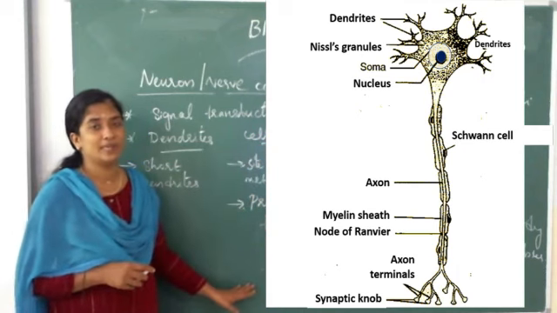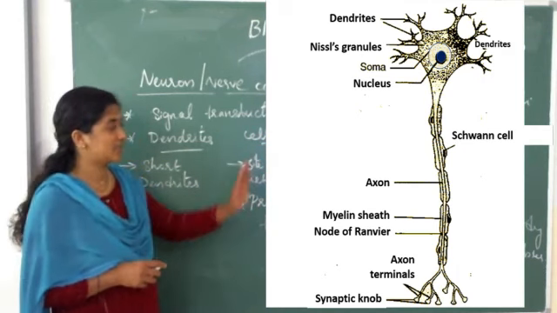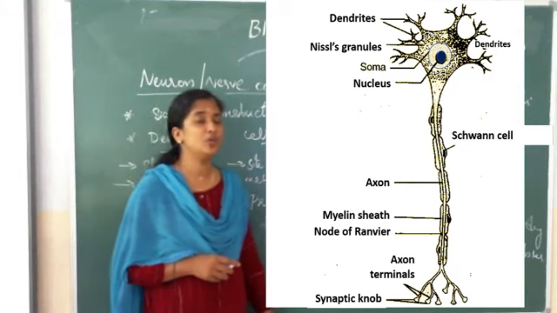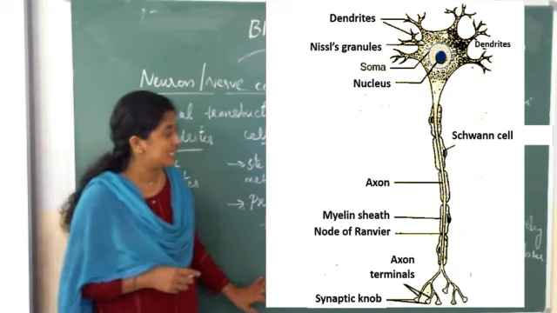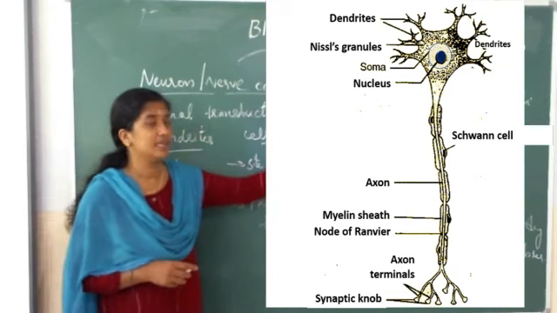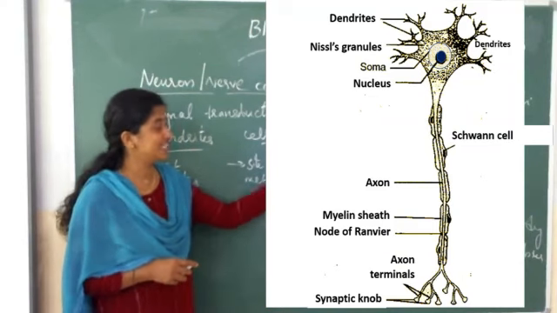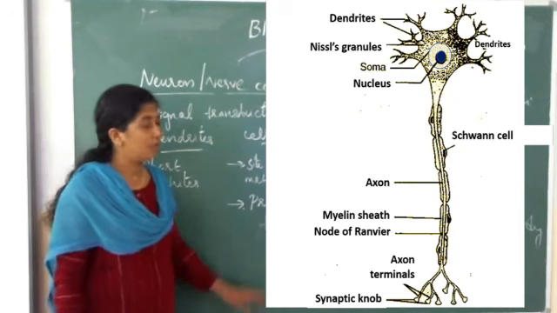Here the cell body is the processing unit. Then axon. A particular neuron or nerve cell consists of only one axon, and it conducts impulses away from the cell body.